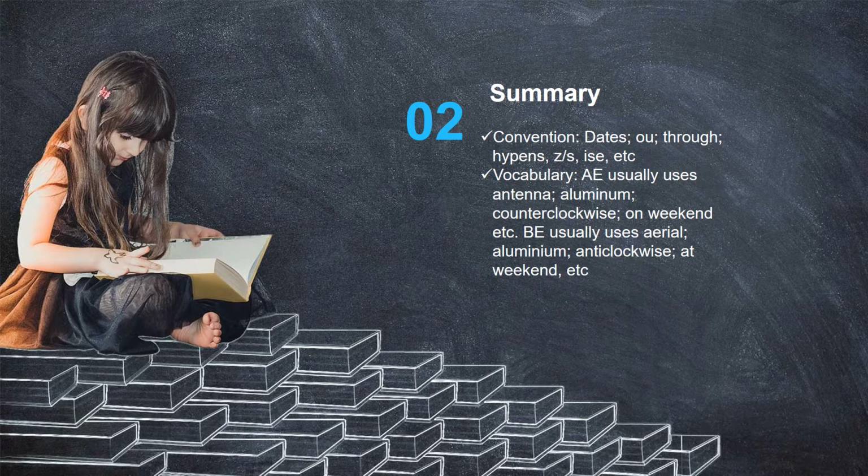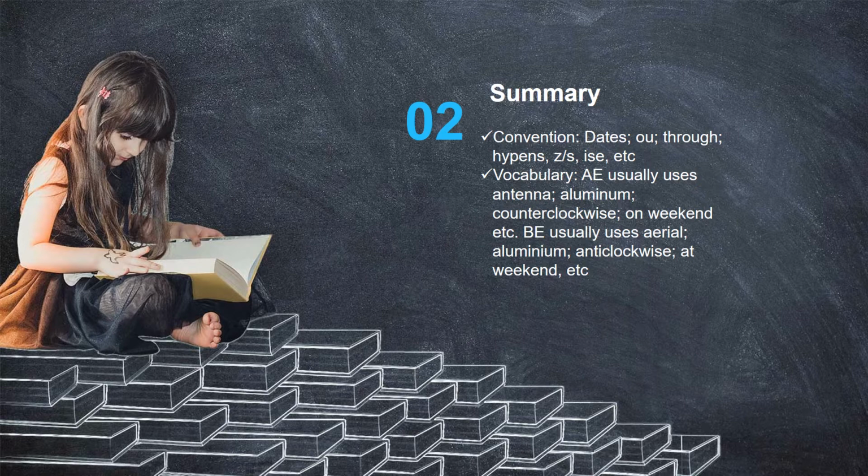So they differentiate American English and British English based on the dates, the use of O, through, hyphens, Z or S, the use of I's, and etc.